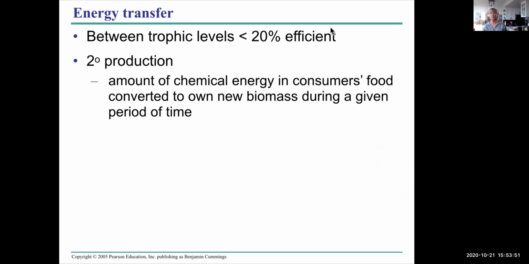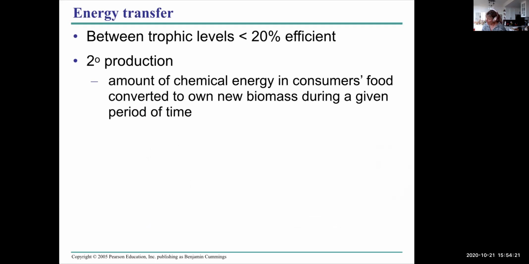So one really important concept is that the efficiency of biomass transfer is quite low between trophic levels. So far we've been talking about primary productivity, but there is secondary productivity as well.